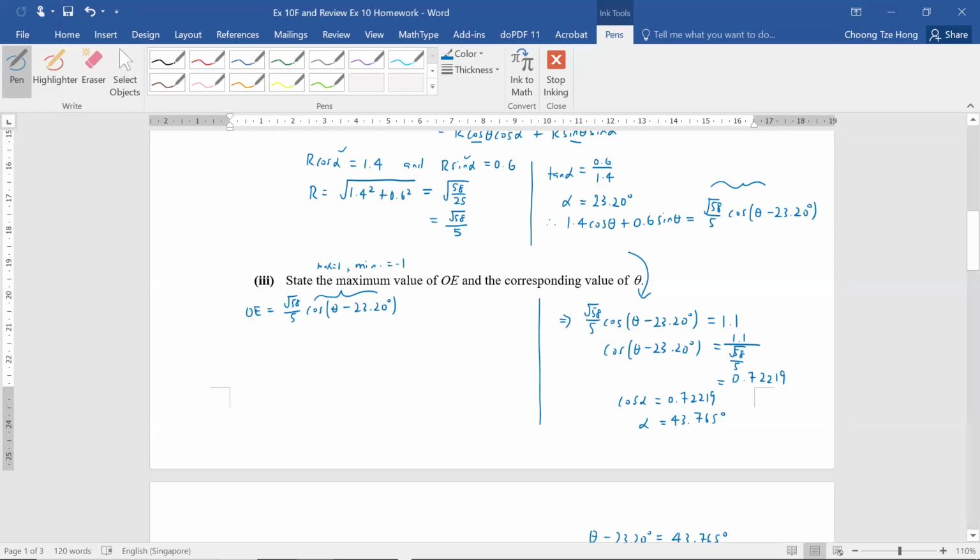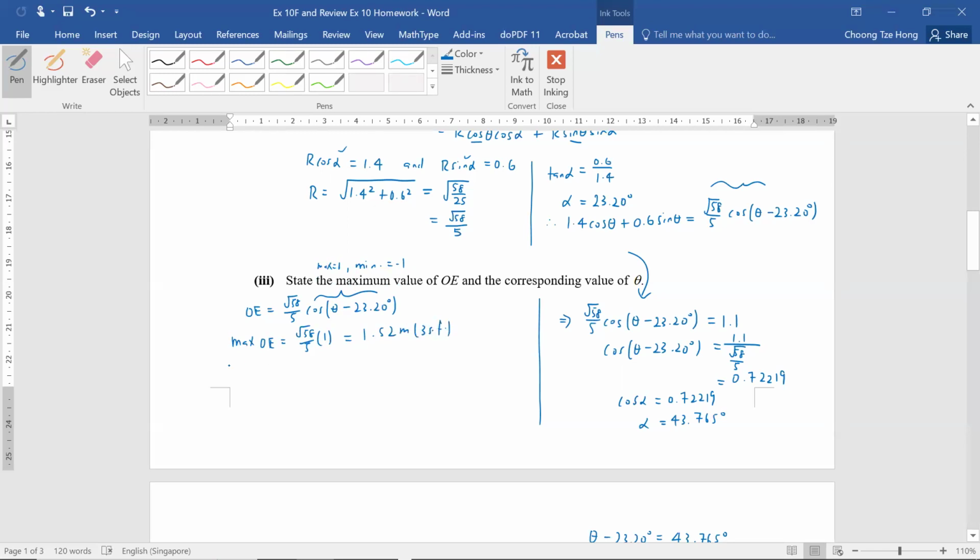Since they want the maximum, we take it to be 1. So the maximum OE equals square root 58 over 5 times 1, which is square root 58 over 5. If you calculate it, it will be 1.52 meters.